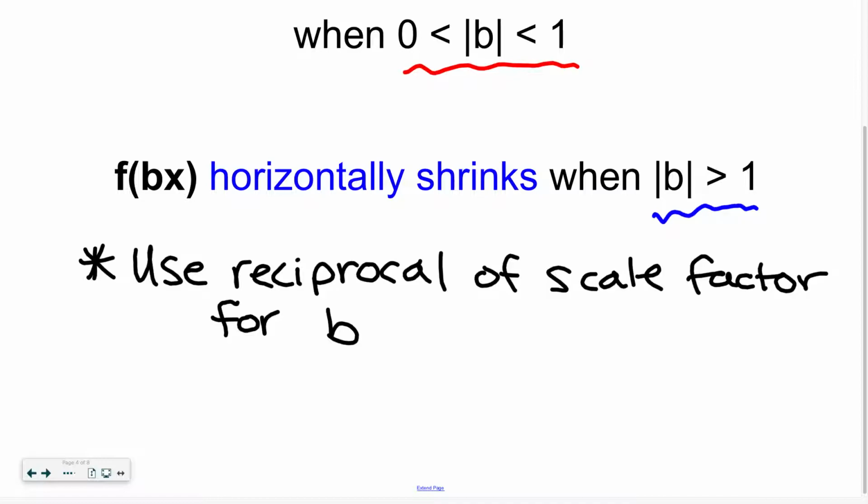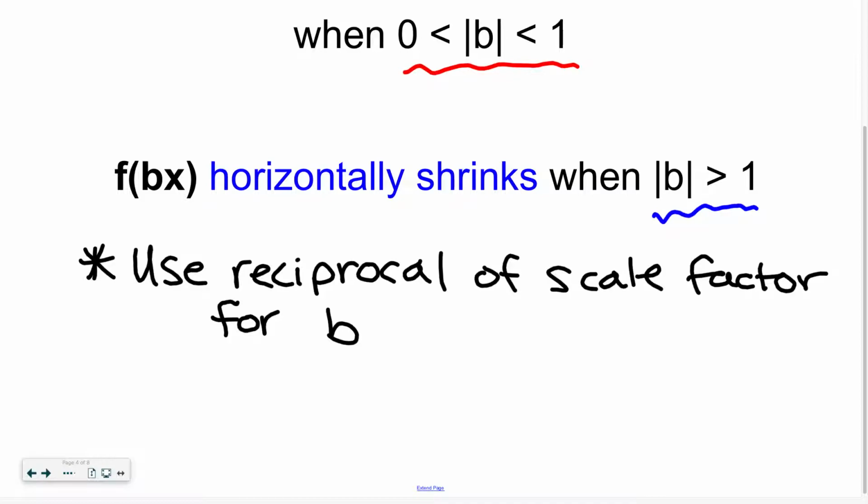So I'm still going to say things like horizontally stretch your graph by a factor of 2. But when you put the factor of 2 in front of the x, it's actually going to look like the reciprocal, which is 1/2. So when you're putting it into the function, use the reciprocal.